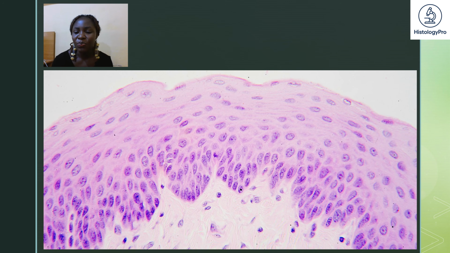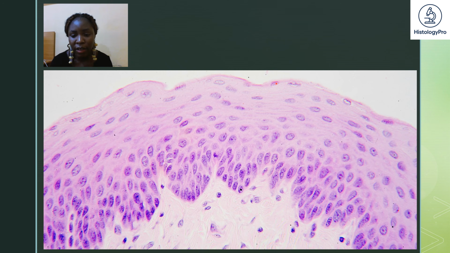non-keratinized stratified squamous epithelium. Unlike the keratinized type, where in the superficial layer we see dead cells and keratin filaments, in this non-keratinized type there are no keratin filaments and no dead cells. So these cells are still living.